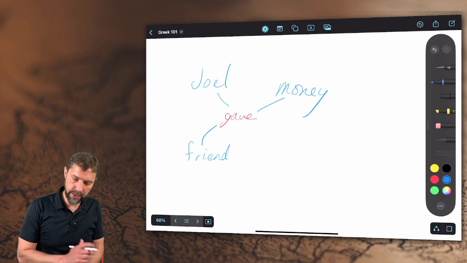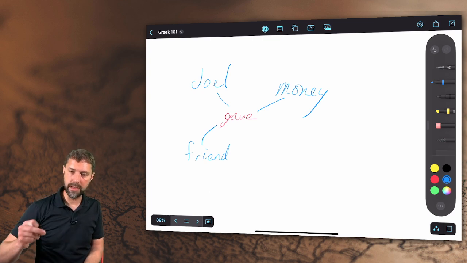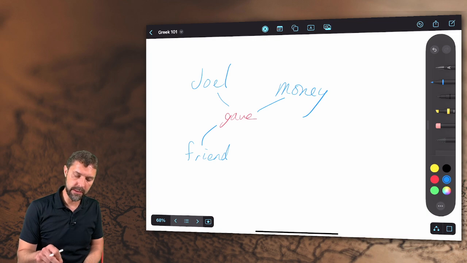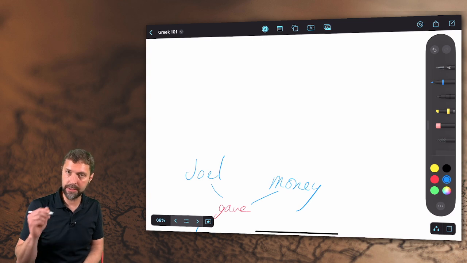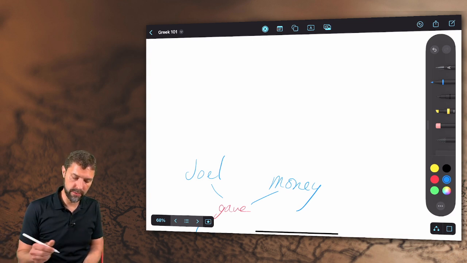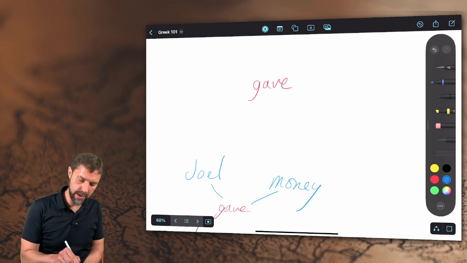English has a particular solution to that problem. English is an order-based language, and that is to say that if I put words in slots, that'll tell you what's doing what. So the way English solves this problem is I've got my verb, and I have a slot right here, and that slot is the subject slot.